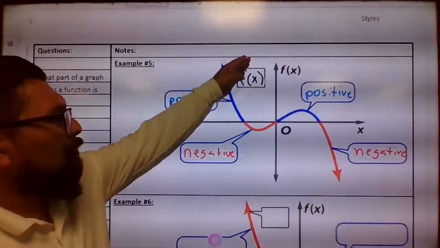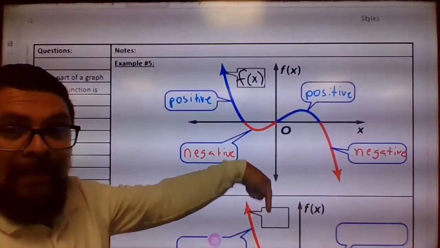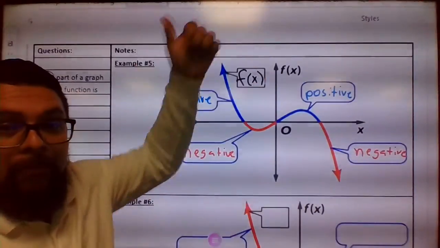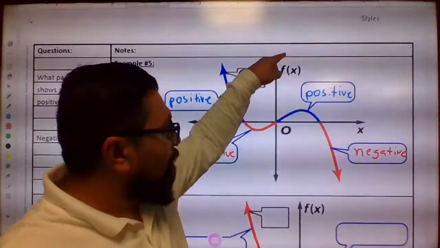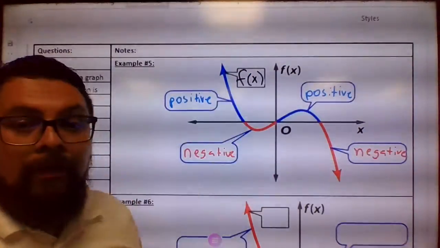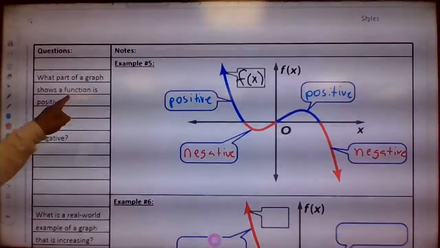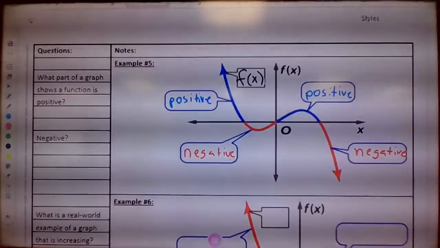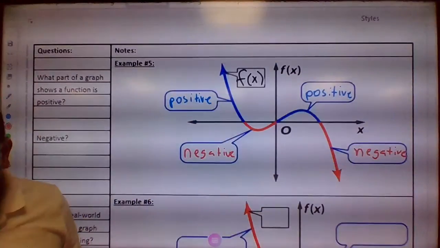Remember from your x and y axis, down is negative and up is positive. If it crosses below the x-axis, it's negative. Everything on top is positive. So what part of a graph shows a function is positive? The part above the x-axis.